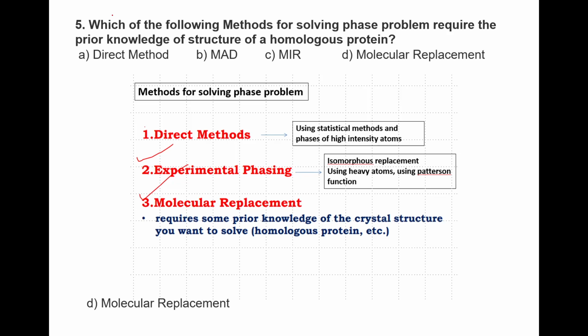And molecular replacement, as the name suggests, requires a structure with greater than 30% similarity to your structure, and only then can you use the molecular replacement method to calculate the phases. So the correct answer to this question is D.